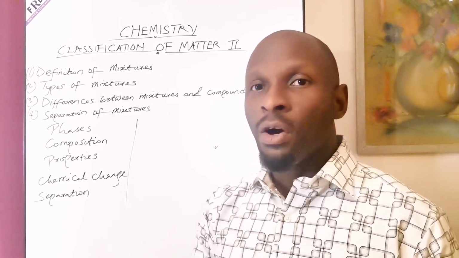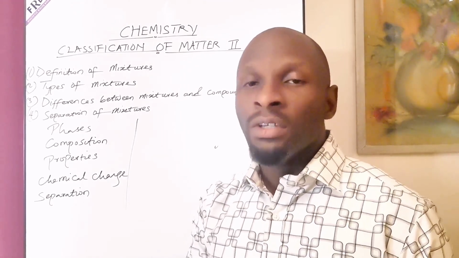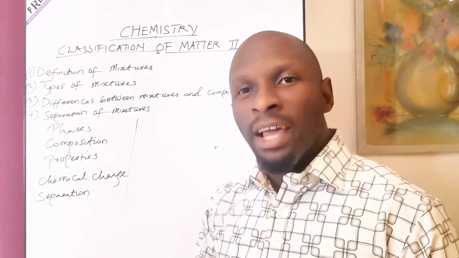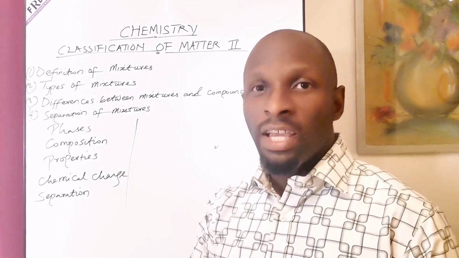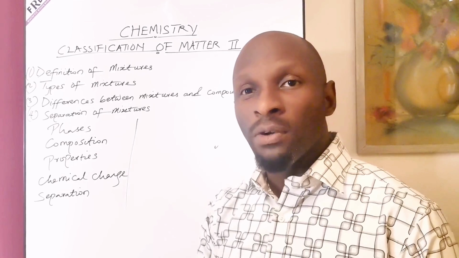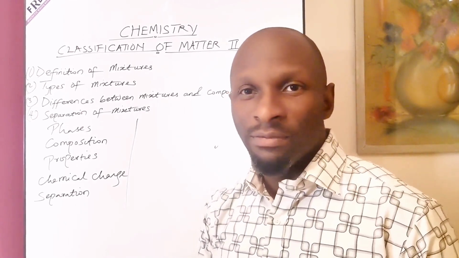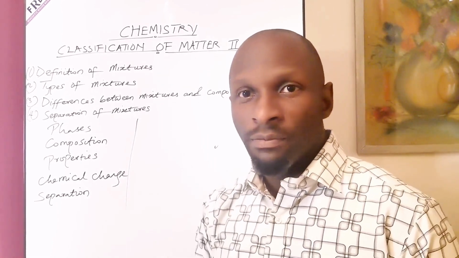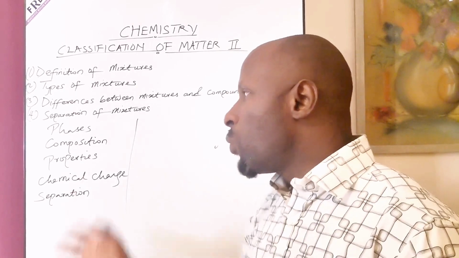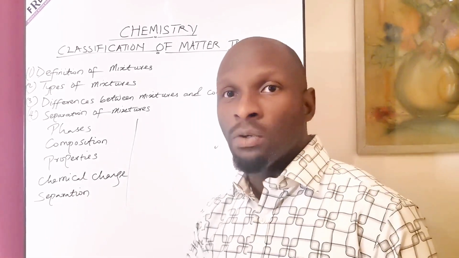But in the case of a compound, for you to recover an element that was part of the elements that came together to make a compound, you need to introduce a new chemical reaction. A chemical process must be involved. So these are some of the ways by which we can differentiate a mixture from a compound.